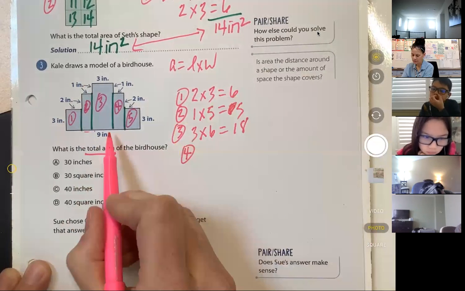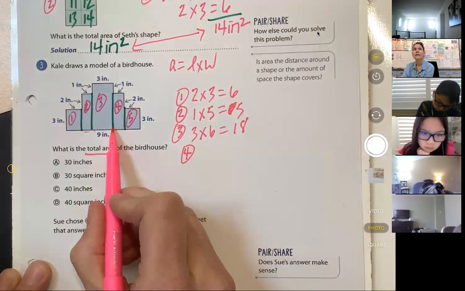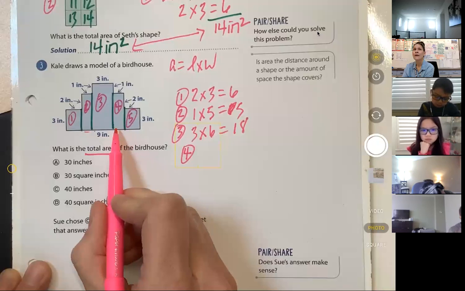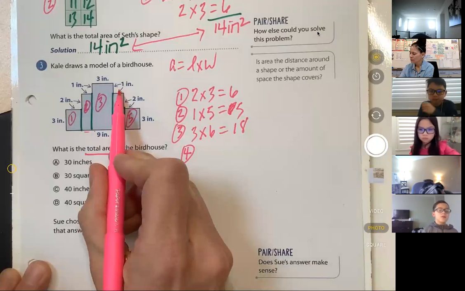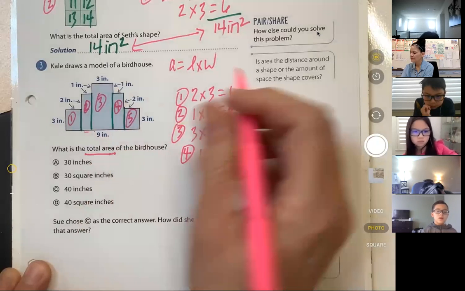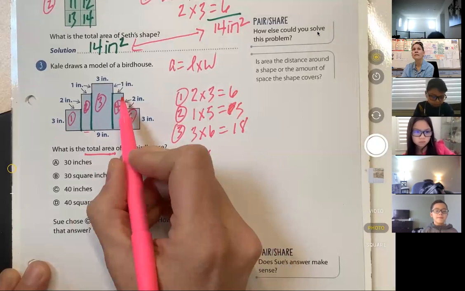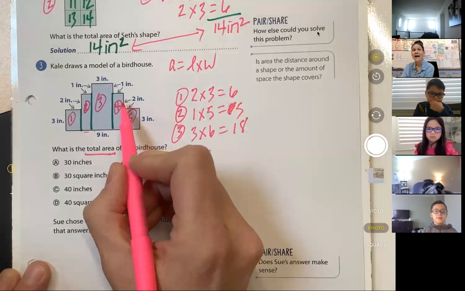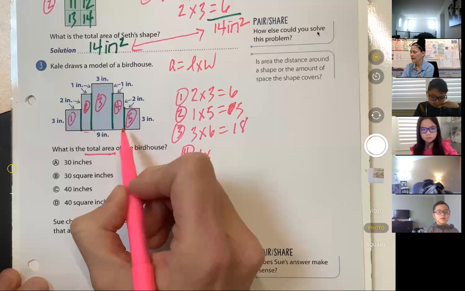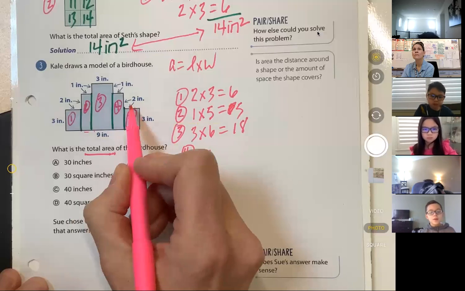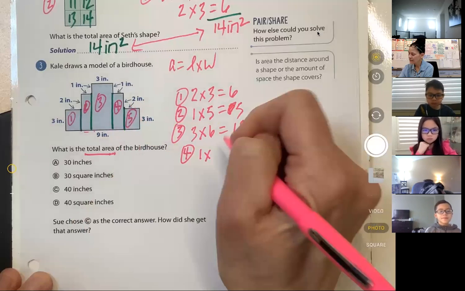Number 4, we're back to a length of 1. How do I know? It tells me. 1 times, let's see, what is the width? Again, that's 5. How do I know? Because it tells me I'm adding 3 plus 2. That's 5.